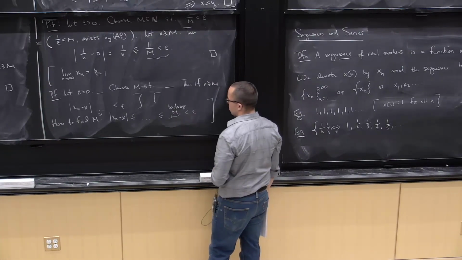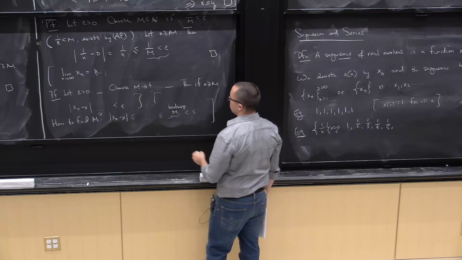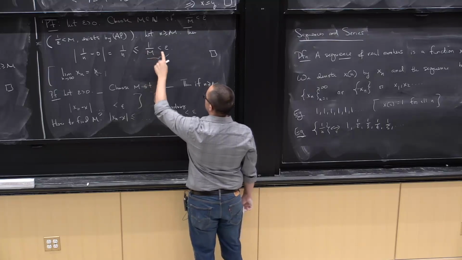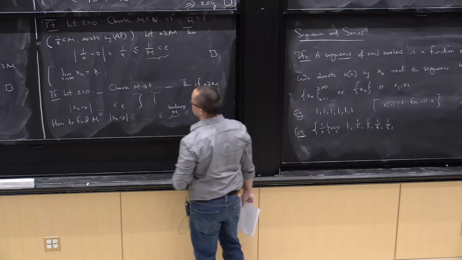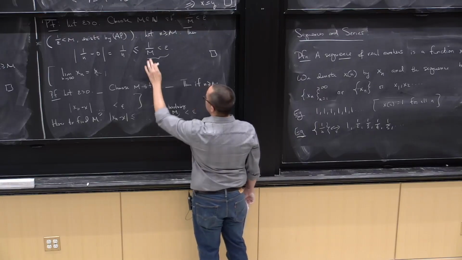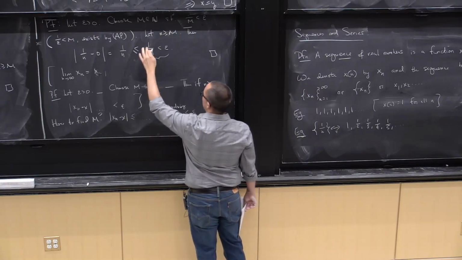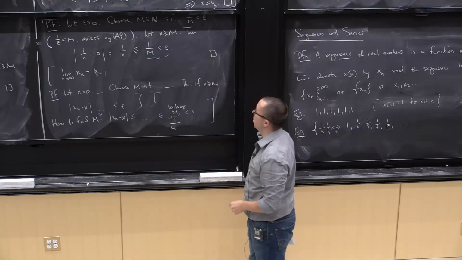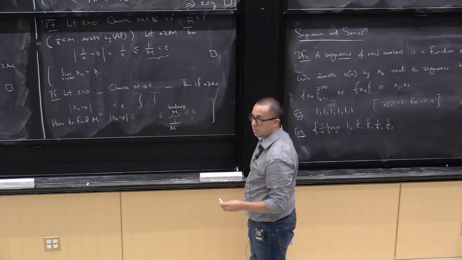Now, simple enough, for example, 1 over M: I can choose capital M so that this is less than epsilon by the Archimedean property. Okay? And that's basically 1 over M or 5 over M or something like that, which exhausts all the simplest ones for now.